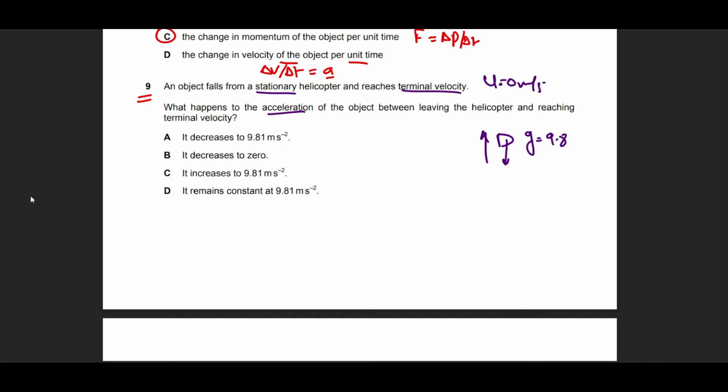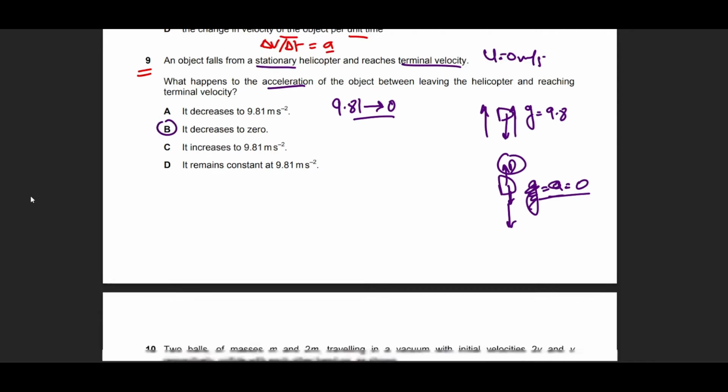Now as it encounters drag, eventually it reaches terminal velocity, and when the weight and the drag become equal, the acceleration of the object is 0. The gravity is still pulling it down, but it's unable to overcome the drag at that point. So it starts from a very high value and then decreases to 0, so the value has to decrease. The very clear answer is actually option B.